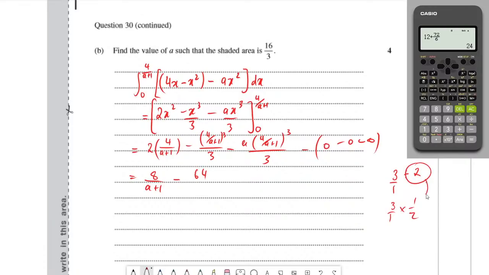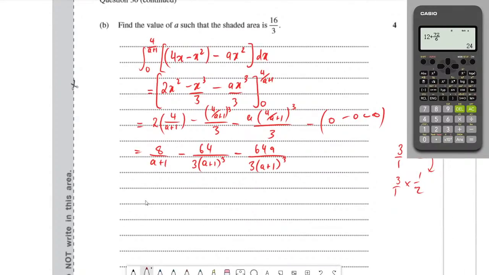So that guy is going to go on the bottom, minus 64a on 3 lots of a plus 1 cubed. Wow, okay. And we want this to be equal to 16 on 3, is equal to that.